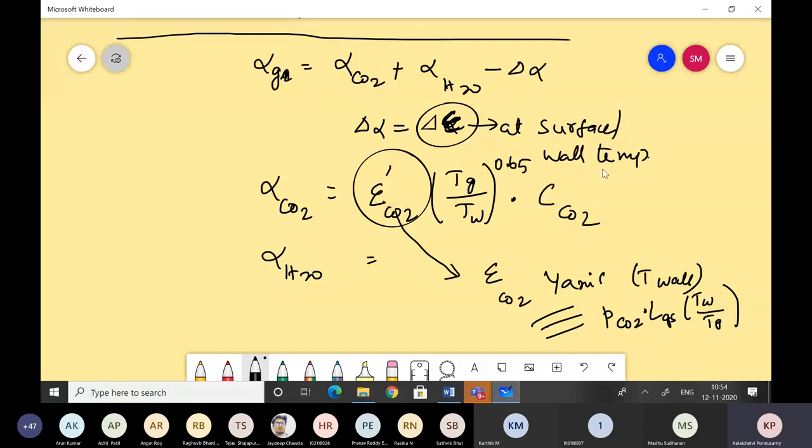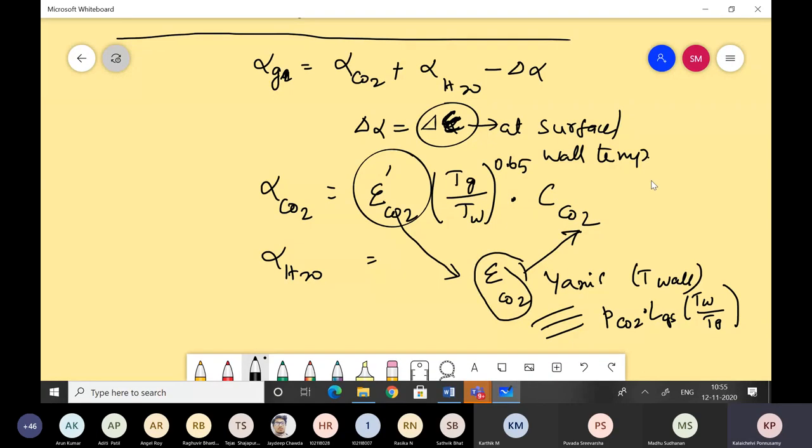Now, is it clear for you? Ma'am, can you explain E dash CO2 again? So you know how to calculate this emissivity of CO2, right? That is clear to you? Yes, ma'am.